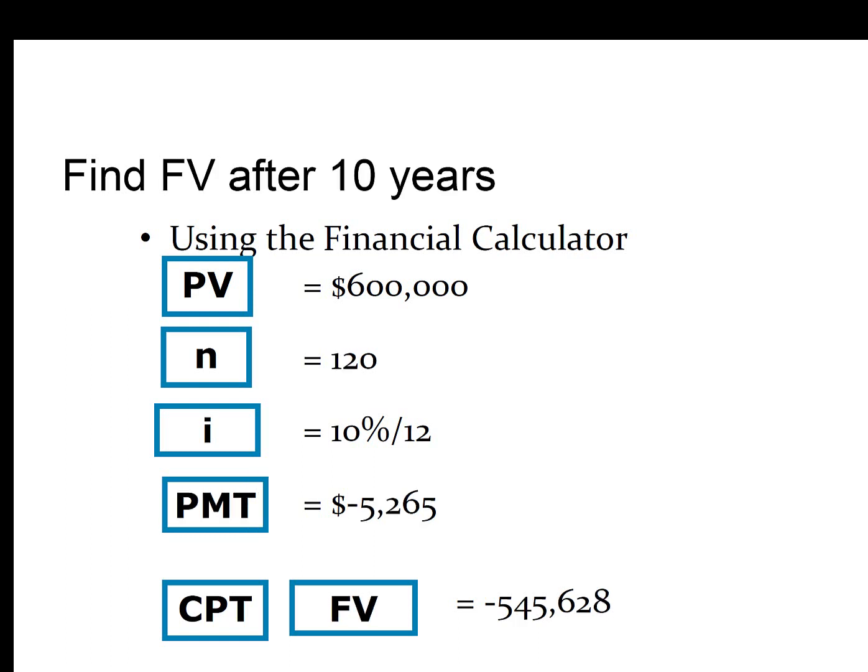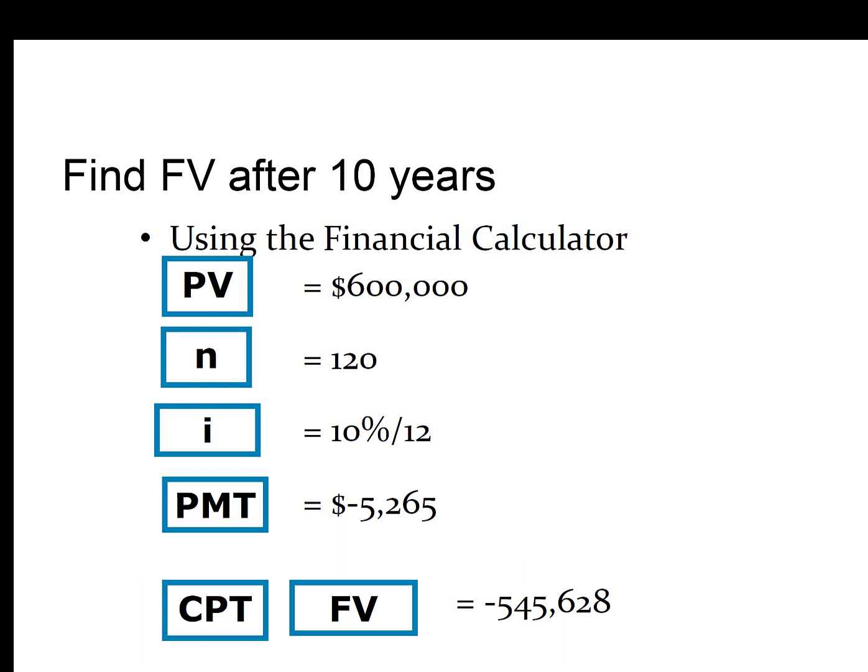If the loan is repaid after 10 years, we need to calculate what is the outstanding balance at the end of year 10, which is the future value. The present value is $600,000. The number of periods is 10 years, 120 months. Monthly interest rate equals 10% divided by 12. Monthly payment is calculated from the first step, $5,265.